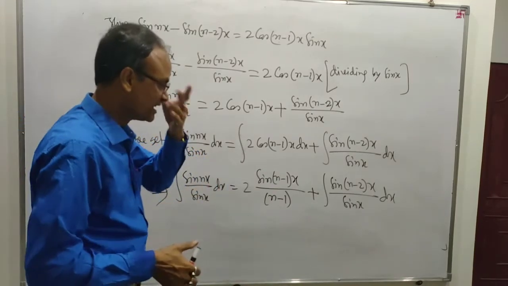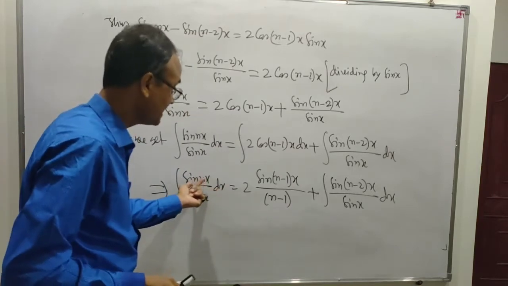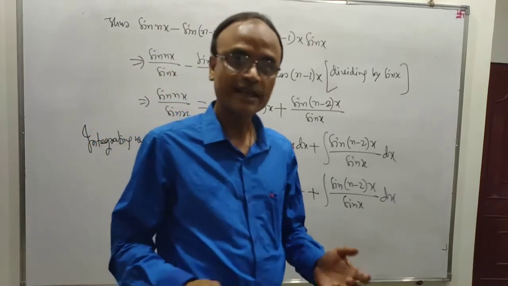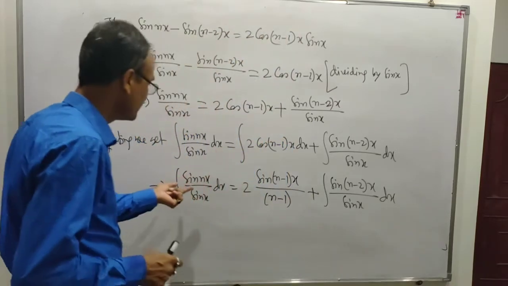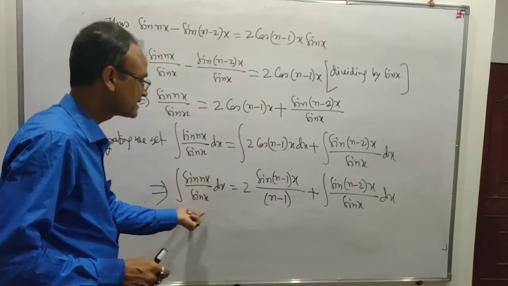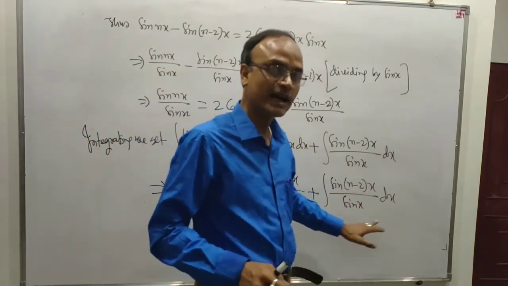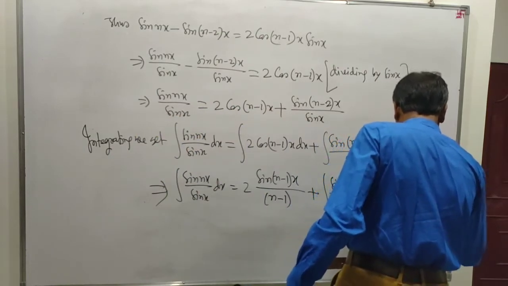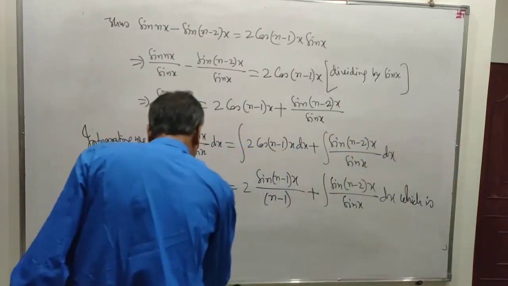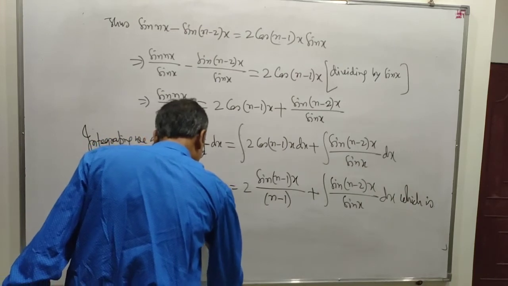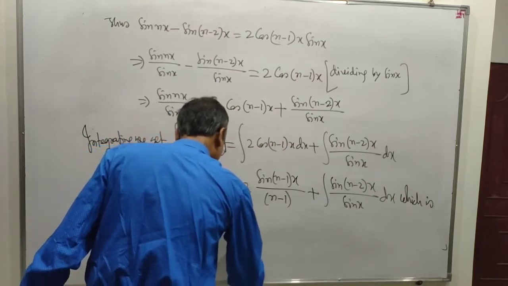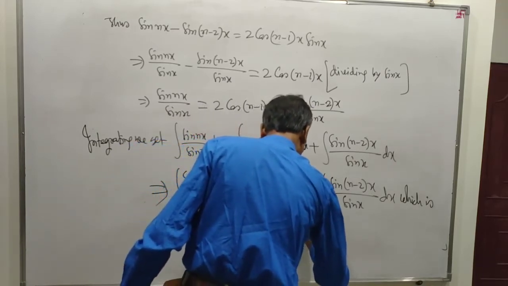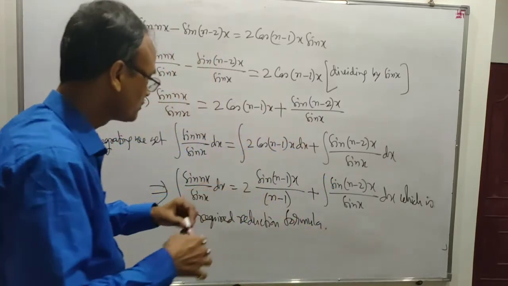This is the required reduction formula, because n is reduced by 2, to n minus 2.